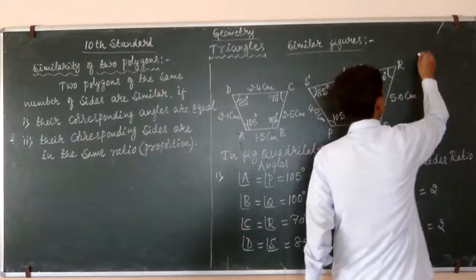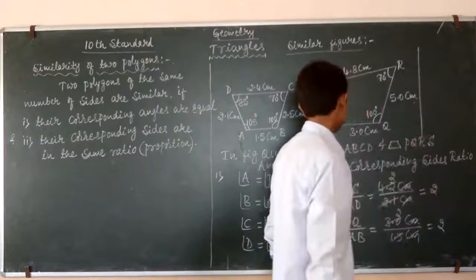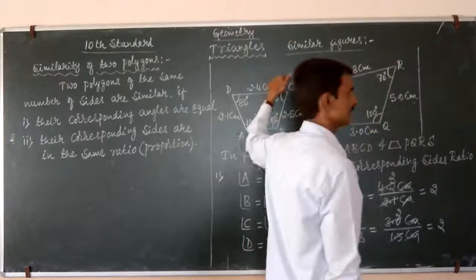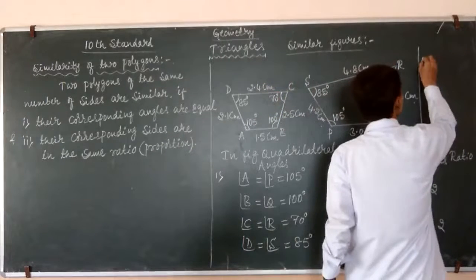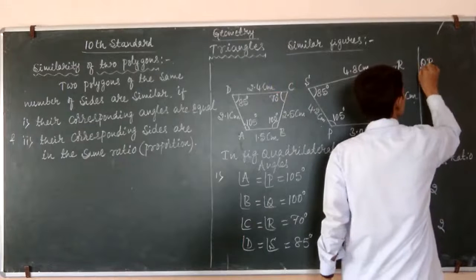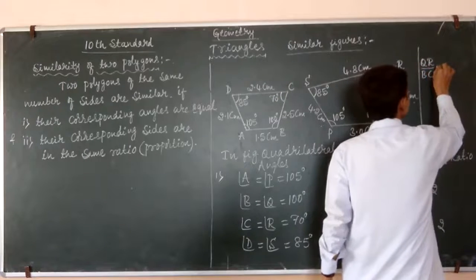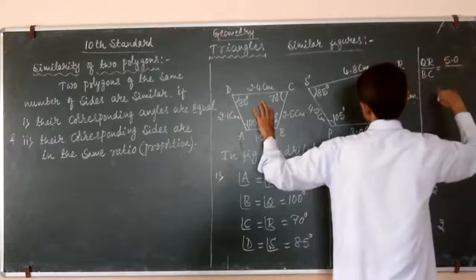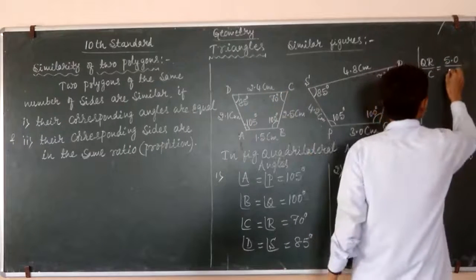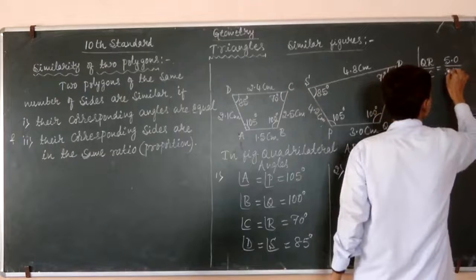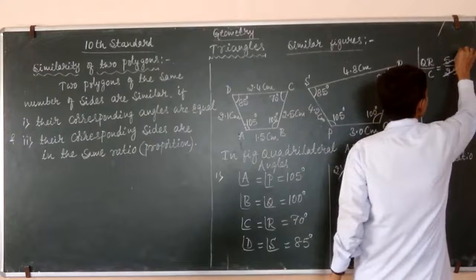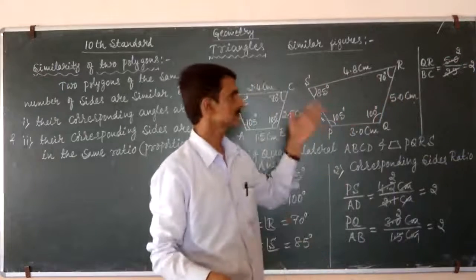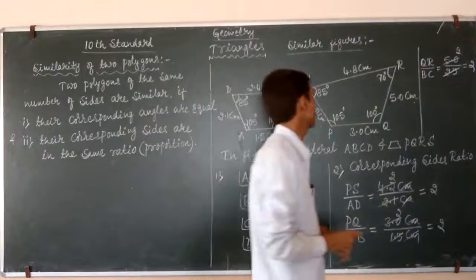Similarly, if we take the side QR by BC, equals 5 centimeter by BC is 2.5 centimeter. 2.5 twos are 5. So again here also the ratio is 2.